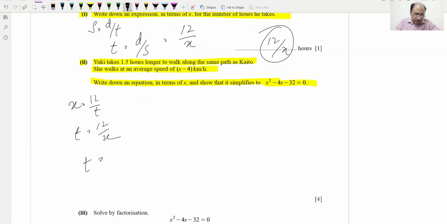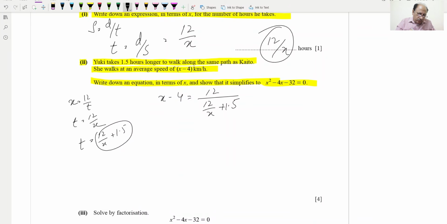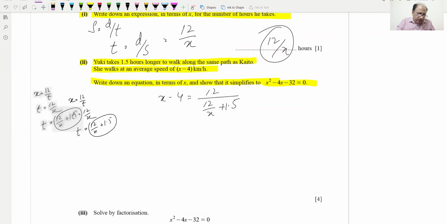Now for this one it will be 12 over x plus 1.5, and this is the time we will be using. So x minus 4 is equal to 12 over time, which is 12 over x plus 1.5, and this one we can resize to a smaller readable size and keep here.